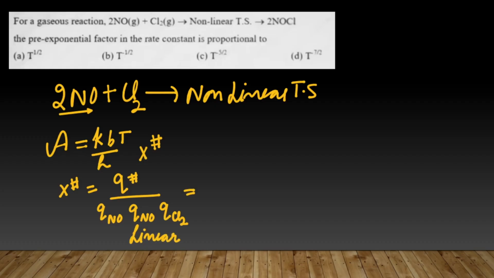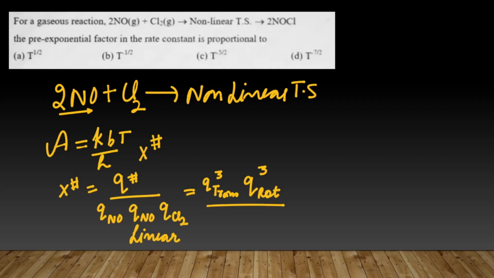So for the activated complex, which is non-linear, you will have translational partition functions, three of them, so raised to the power of 3. Next is the partition function for rotation. A non-linear molecule has three rotational degrees of freedom, so 3 there.